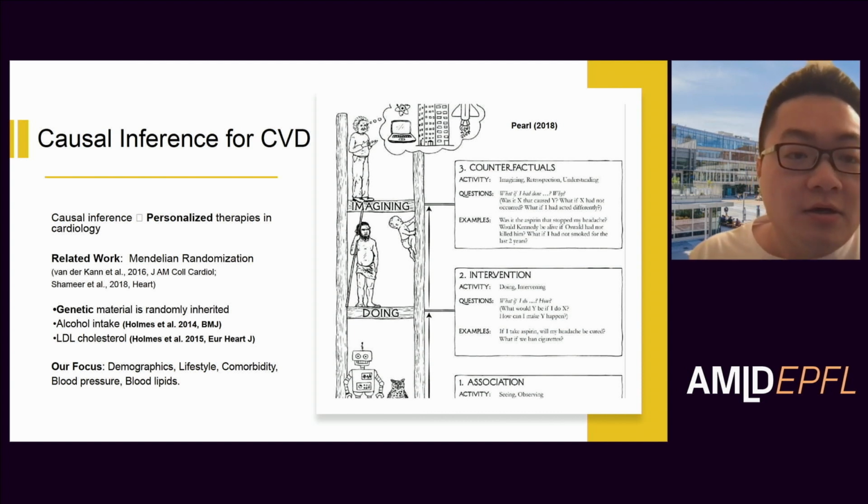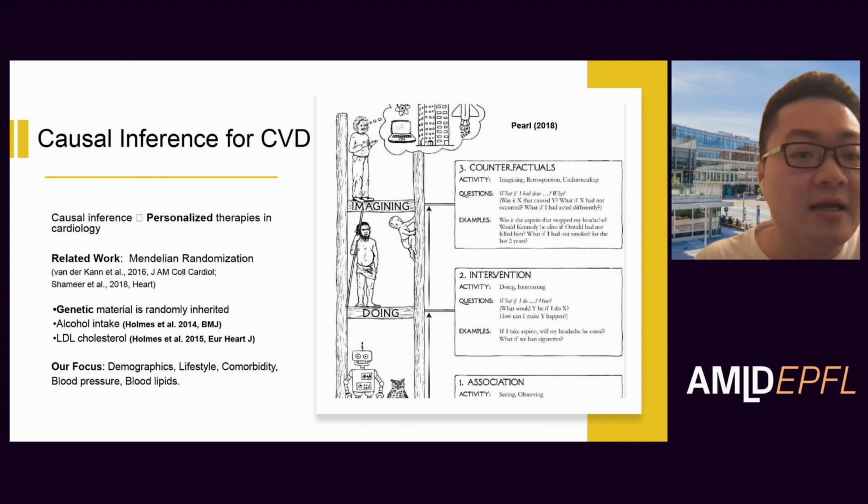Causal inference in CVD is not that common. What we can find in the literature are studies on Mendelian randomization. The idea is that genetic information in patients is randomly inherited, so they can take advantage of this genetic randomization to study some risk factors.